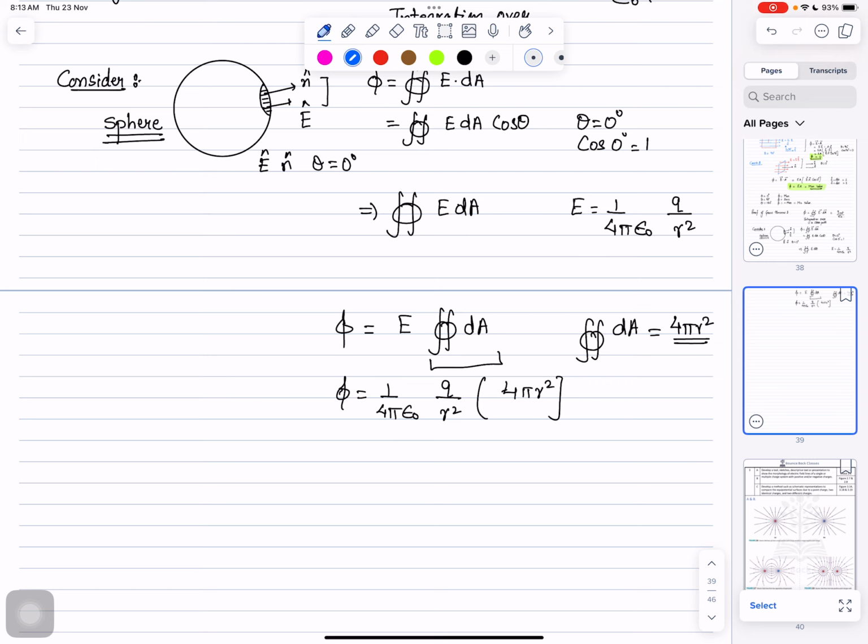So cancel 4 pi R square. What is left? Flux is equal to Q over epsilon naught, which is the required proof. Clear, guys? Required proof.